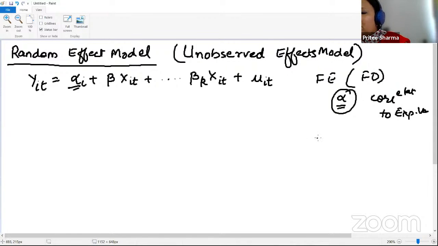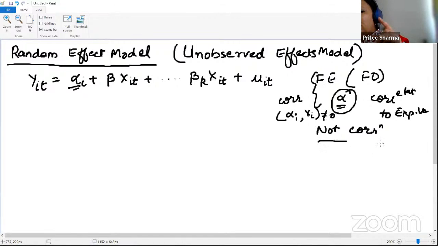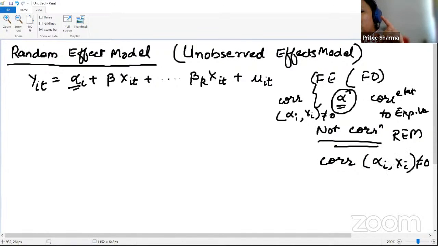All right. But suppose that it is not correlated. Basically in the fixed effect and first differencing model, the correlation between alpha i's and x i's is not equal to 0, and in REM we have alpha i's and x i's are correlated.